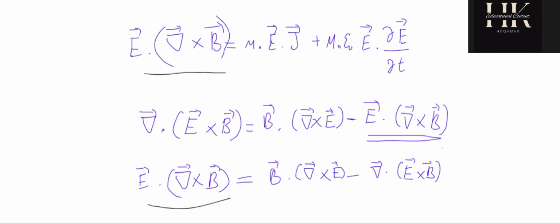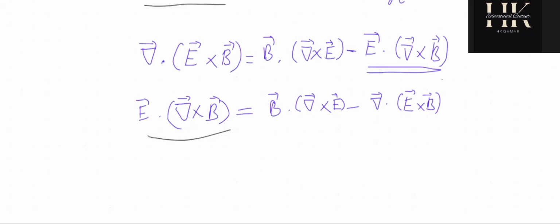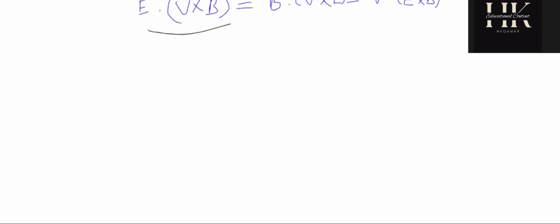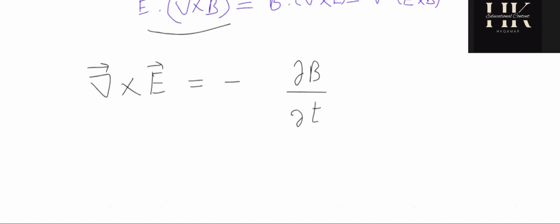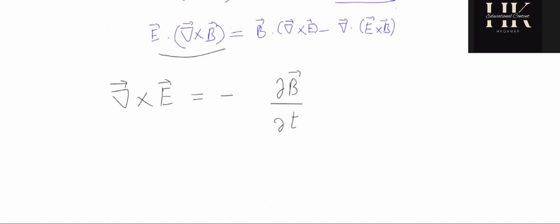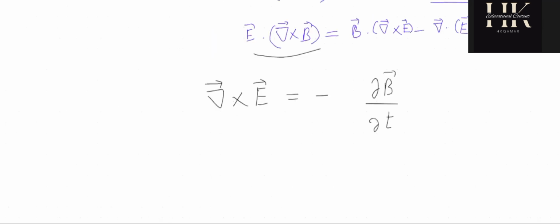Let's first substitute the Faraday's law. The very first equation that I wrote in Maxwell's equations, the Faraday's law, which was del cross E equals minus curly B by curly T. So now we take the dot product of this equation with the magnetic field.